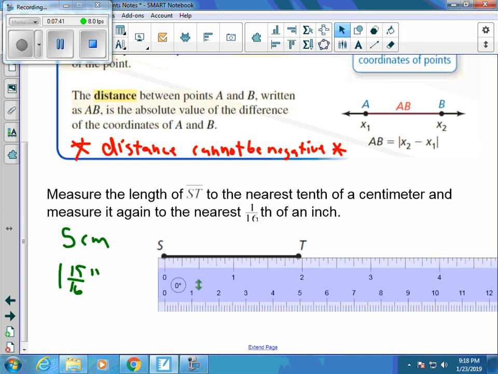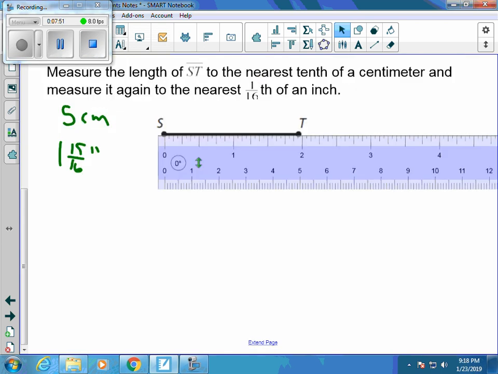Okay, if you actually had this on your piece of paper, instead of the measurements of 5 centimeters and 1 15/16 of an inch, the measurements I got were 3.8 centimeters and 1.5 inch. Again, I said that we're going to round to the nearest 16th of an inch.